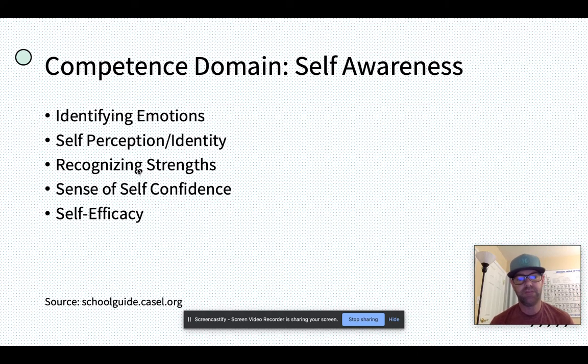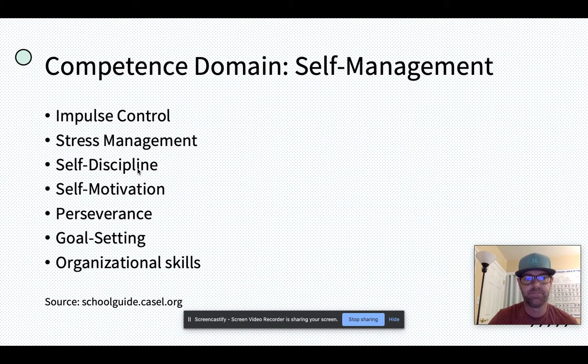The ability to take those assessments and then recognize whether or not they're strong or weak in certain content areas will then lend itself into them having the confidence to come to you and ask questions so that they can get better at those particular content areas.